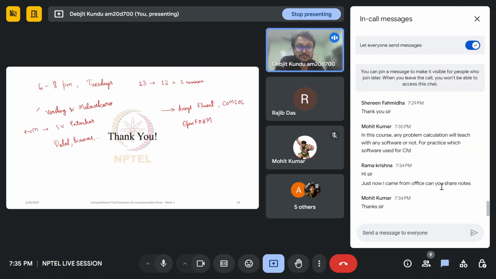So, coming back to it, these will be our official timings. Now, if all of us agree, we can revise this timing to a bit of a later time. So, what do you all think? You can type in the chat box or you can unmute and speak up as well.